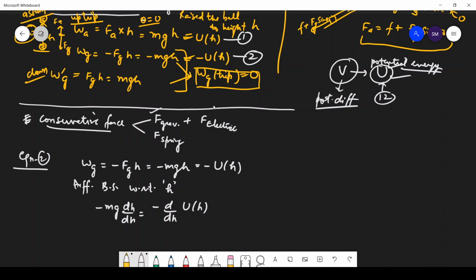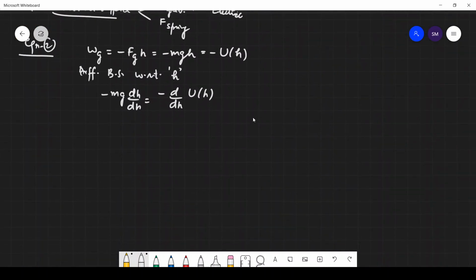So U is a function of h. I have just differentiated this equation with respect to h. What do I get? I get mg, since dh by dh is 1. Mg equals minus dU by dh. And what is mg?